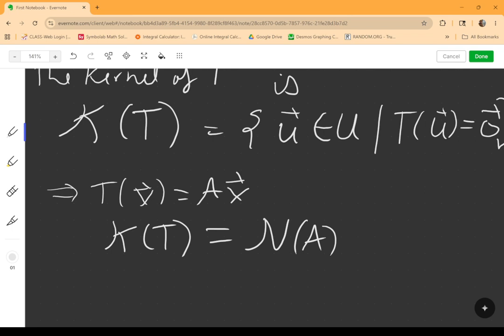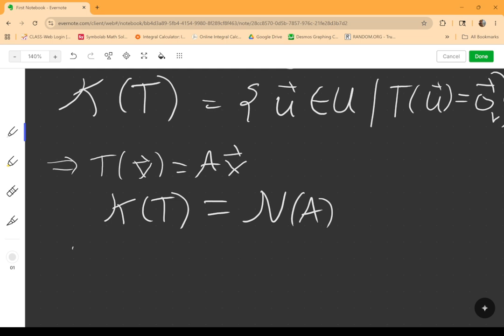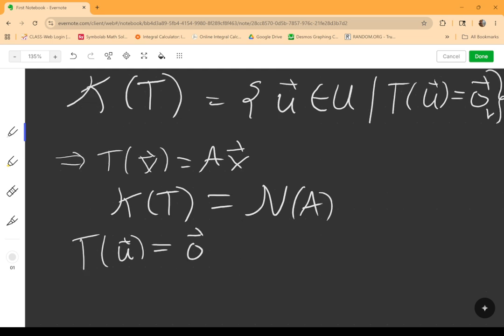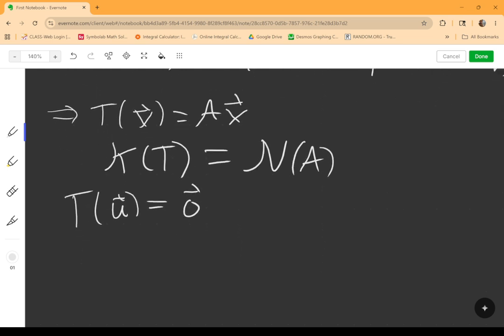If you're mapping between two vector spaces, you want to set up this equation, solve it, and determine what those solutions are.